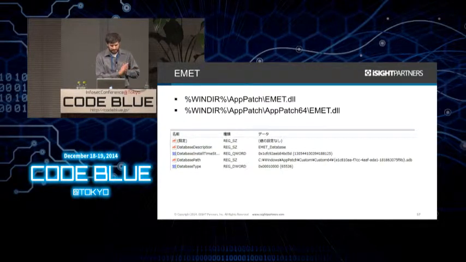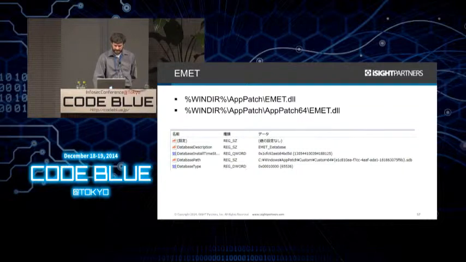Here, Microsoft has created their own emet.dll and placed it in this AppPatch directory, and there's an associated 64-bit version there as well. And so if you looked in the registry at the locations we talked about before, for like, say, Internet Explorer, which has been protected, you'll find this entry, and it says the database is for EMET, and this is where the file on disk exists.